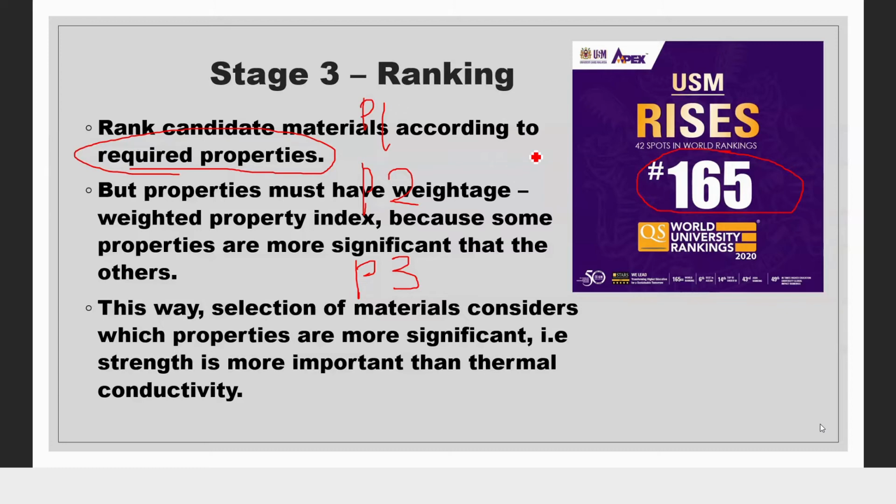It accumulates from first year, second, third, fourth. At the end of the 4 years, you get a CGPA of 3.5. But how is the 3.5 calculated? It takes into account all the results that you have accumulated from first year to final year.